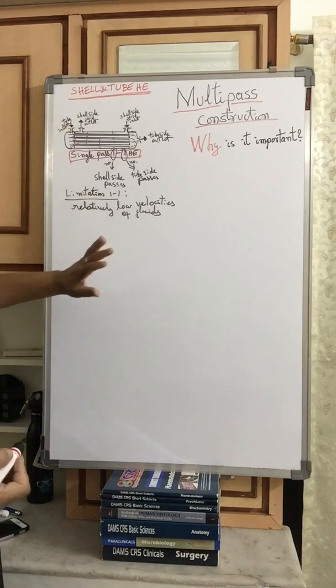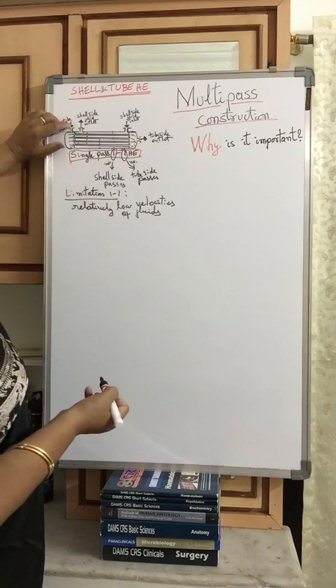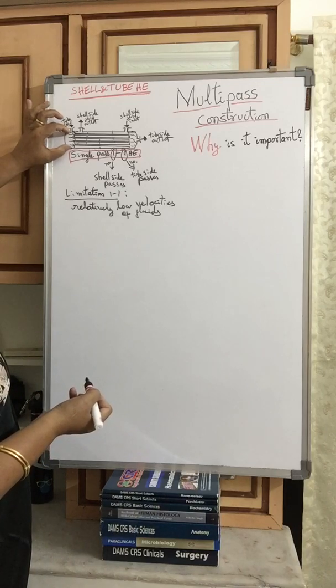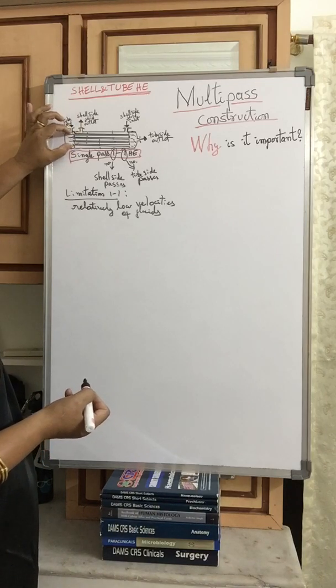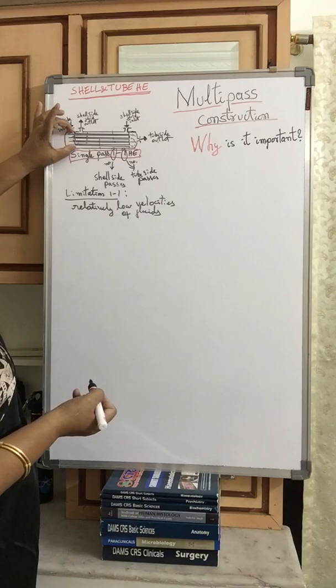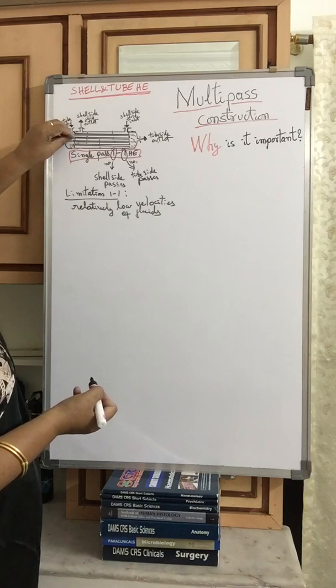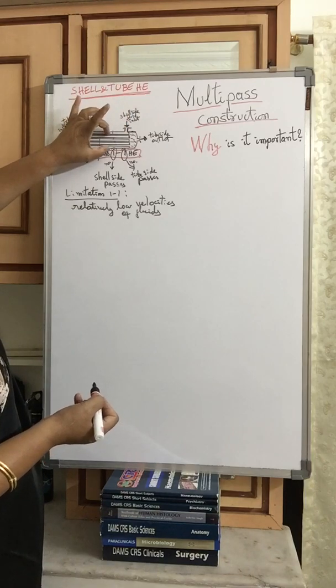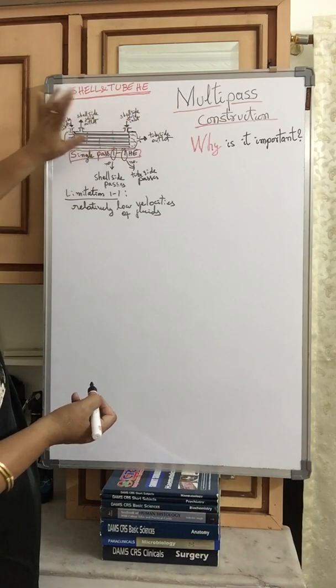Why? The tube side fluid, after entering, occupies the complete cross section. Because the cross section is large, naturally velocity will be less. Similarly, the shell side fluid enters a larger cross section, so velocity is less.